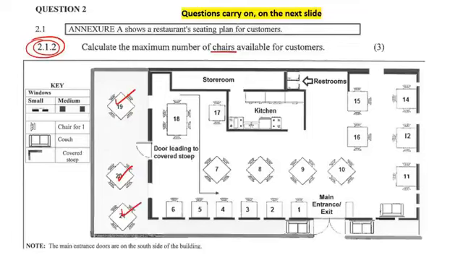8, 12, 16, 20, 24, 28. Now these ones only have 3, okay? So that's going to be 31, 34, 37, 40, 43, and then these ones are all singular. So that would be 44, 45, 46, 47, 48, 49.